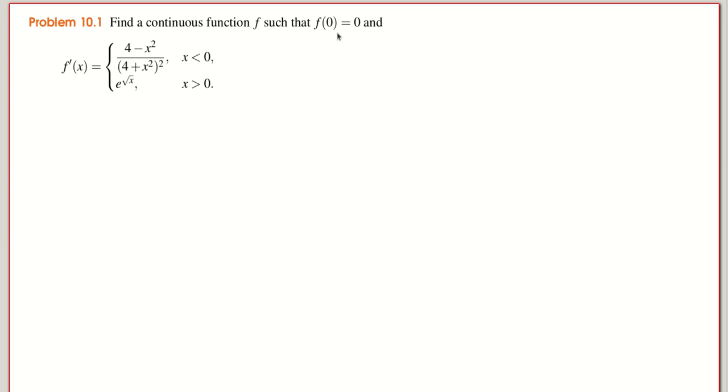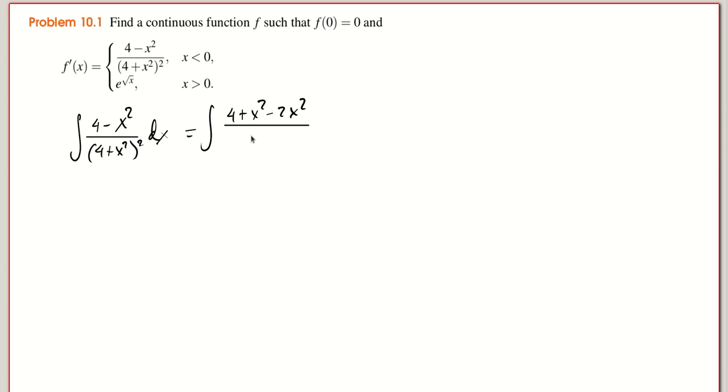All right, so first, let's try to compute a primitive of this first function, x squared over 4 plus x squared. Okay, we're going to play a trick. We're going to add x squared up here and subtract, so write the numerator like this, and then in the denominator what we have is this here, right?